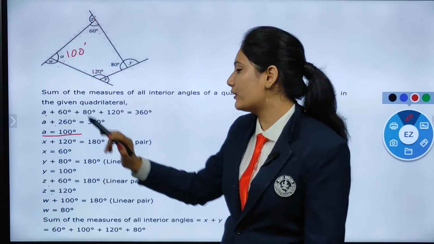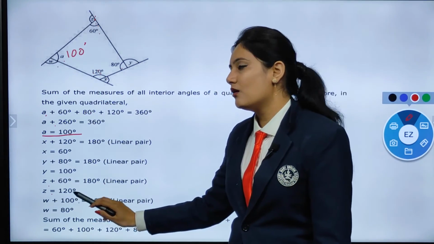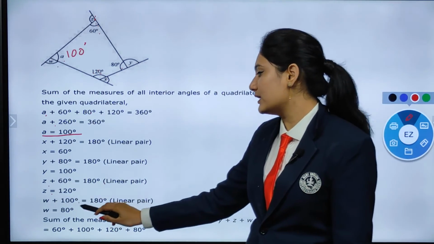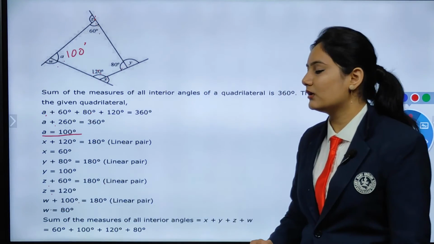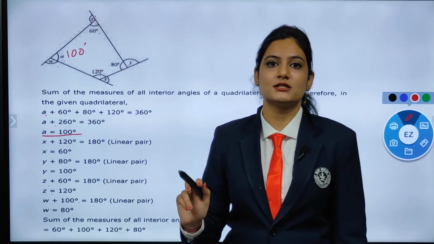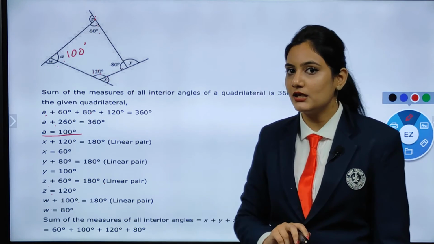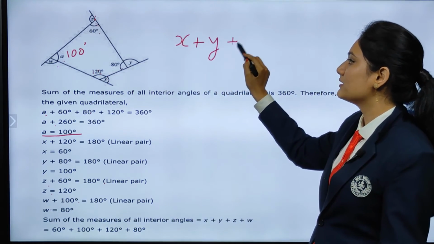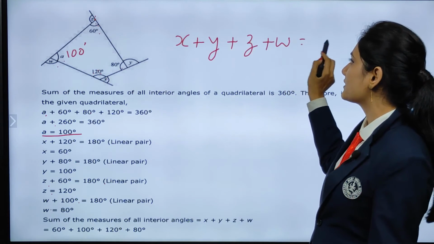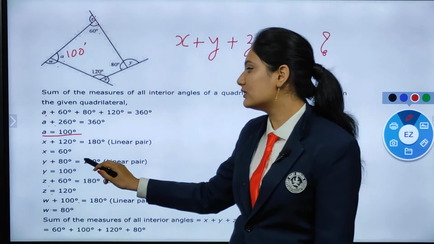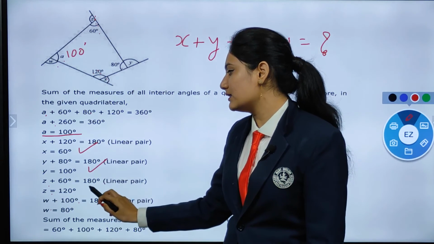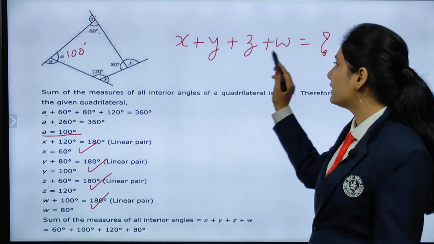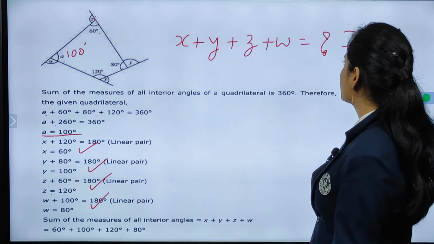Next, w, how you can find? W plus 100 degree is equal to 180, so w is equal to 80 degree. Now one more question is asked in this question. It is saying that when you add x plus y plus z plus w, then what is the answer? So when you add all these angles x, y, z and w, you will definitely get the answer as 360 degree.